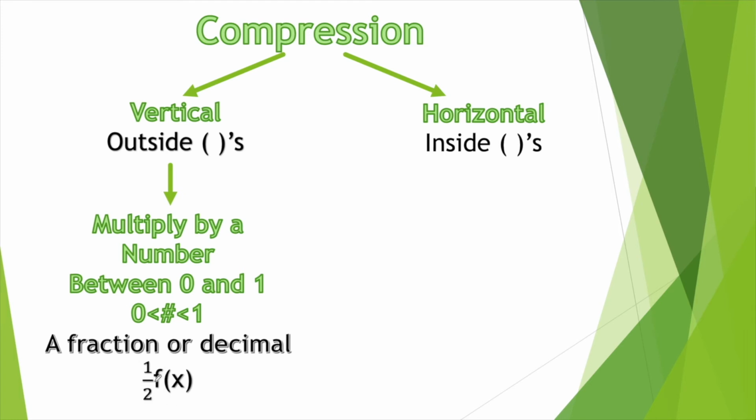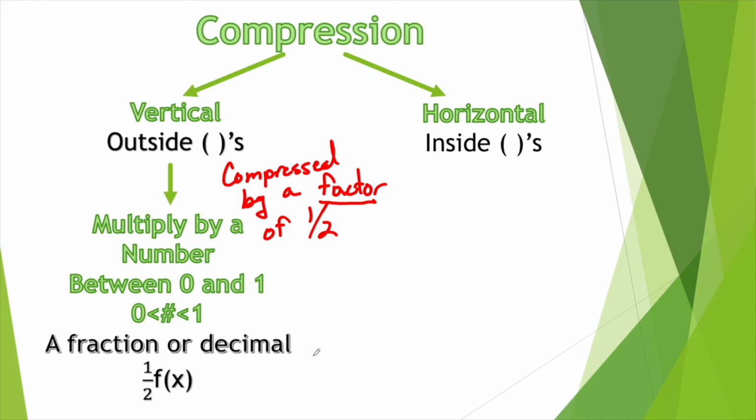If you were to read this one, it will say compressed by a factor of 1/2. So this one will actually legitimately say you're going to be multiplying by 1/2. And again, factor is just another word for multiplication as well.